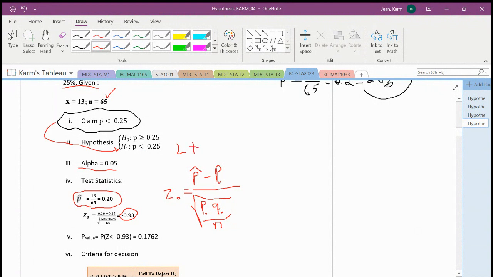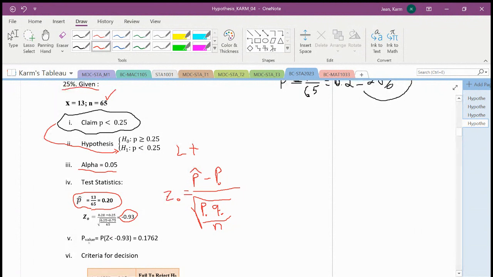Once I got the idea that it is a left tail, I'm going to use the chart that showed me how to find the p-value. Then I got this expression here, which is P of Z less than Z sub 0. Now Z sub 0 is negative 0.93.